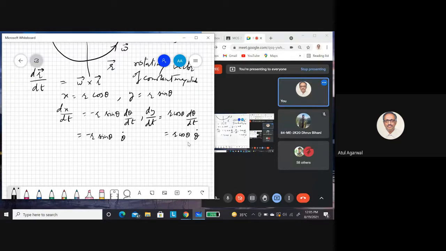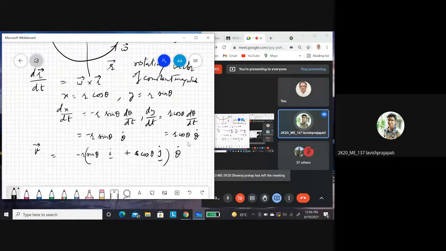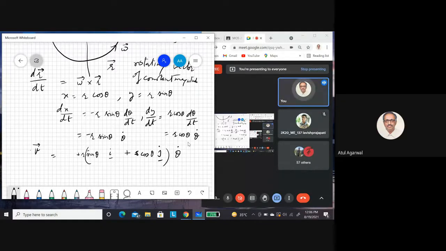Okay. So what is the velocity now? Let's take it out. So I'll take an r theta dot outside. It is plus r theta dot outside, minus sin theta i plus cos theta j.